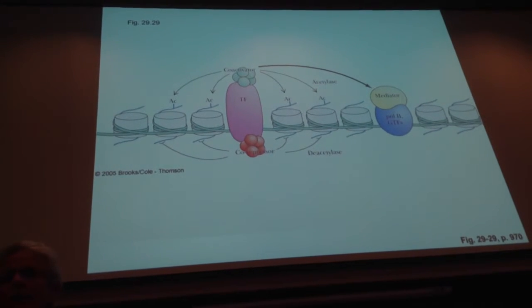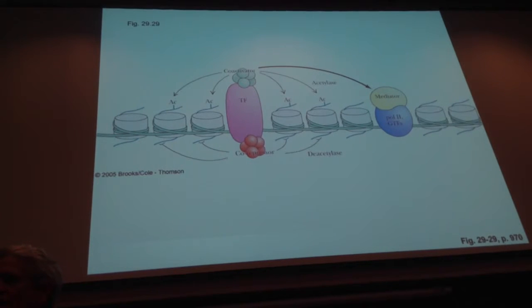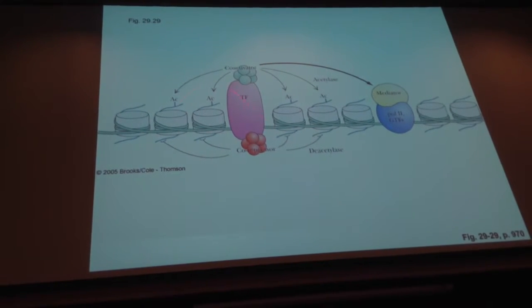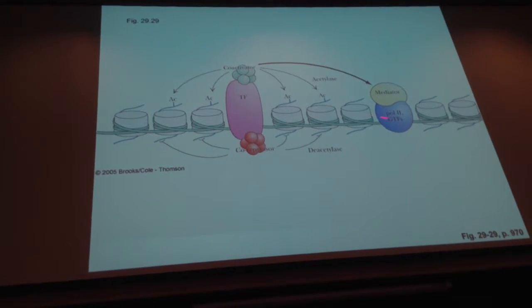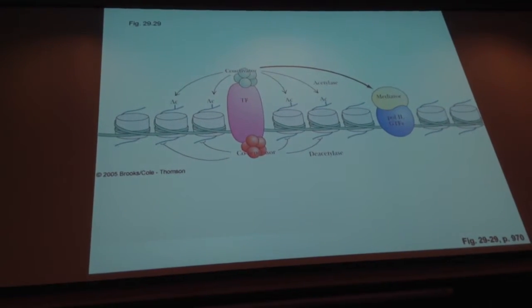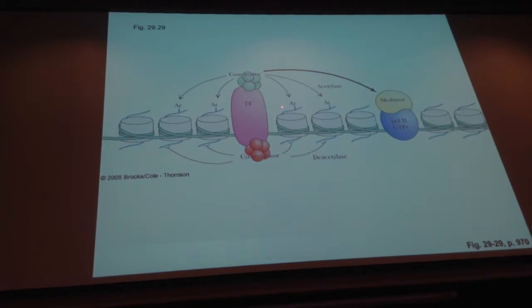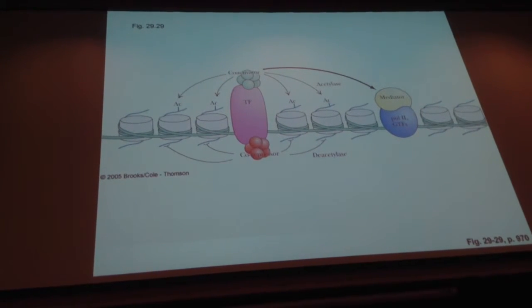And the remodeling complexes can put these things back. The idea is that when we transcribe, we're going to have a polymerase molecule that moves on down here and transcribes through here. It has to loosen up these things, so in front of these transcription factors and polymerases, it's going to acetylate these guys and move on down and change the binding of this DNA around the nucleosome.